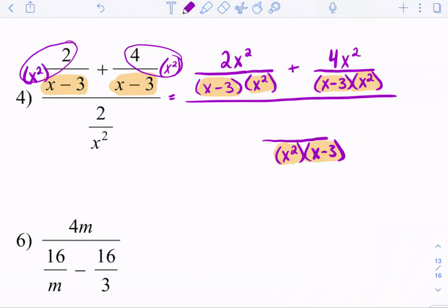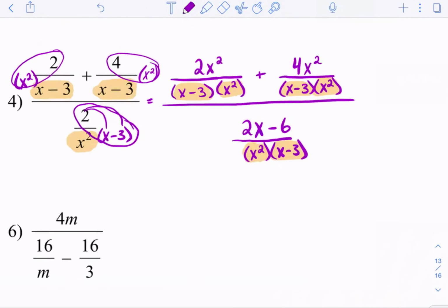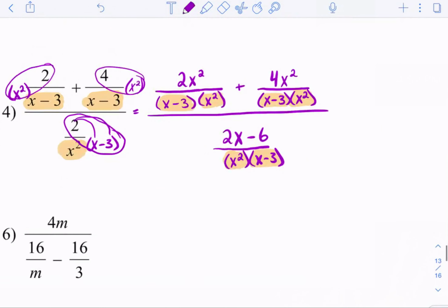And then down here, take a look. I have x squared, I'm missing the x minus 3. So now I have to multiply 2 times x minus 3, so I need to distribute here. I get 2x minus 6. Now that all the denominators are the same, you can cross them out. That's reduce.